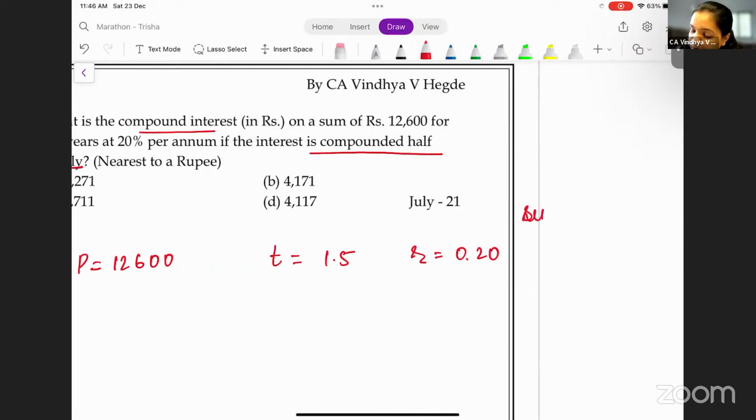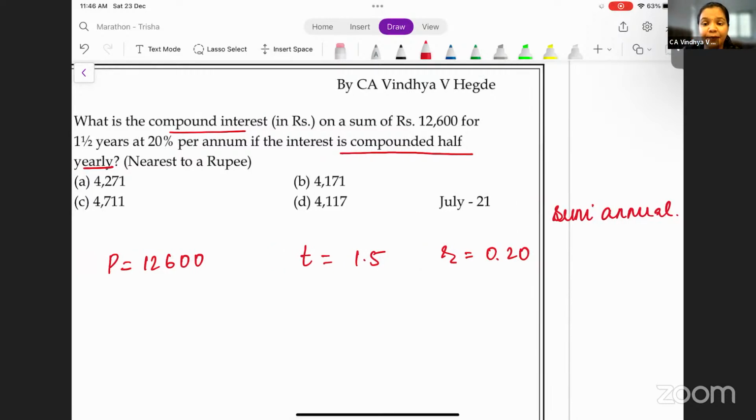It means semi-annual. What happens in semi-annual? The number of conversion periods is 2. So n will be t into 2 and I will be r divided by 2. Is it clear till here? Yes, everyone?